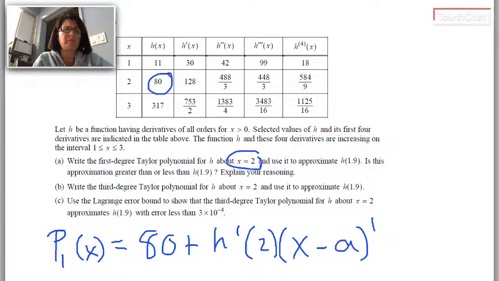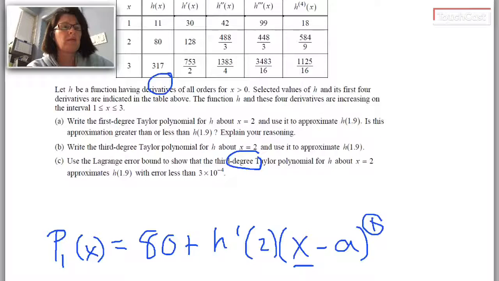And then I would stop here, because this has x getting raised to the first power in it. This is the first degree Taylor polynomial.